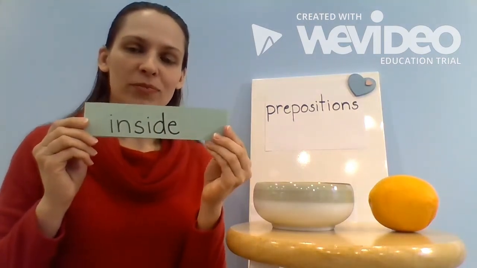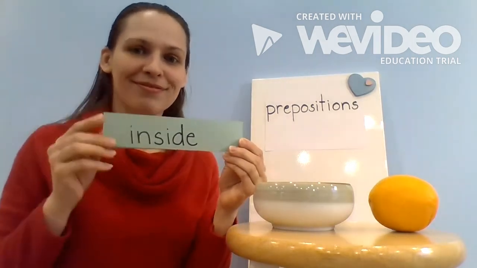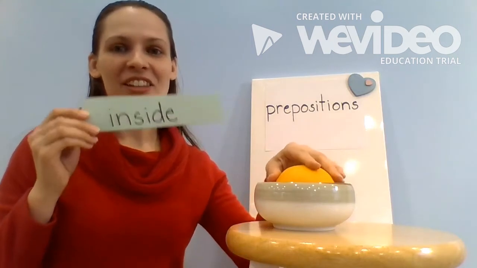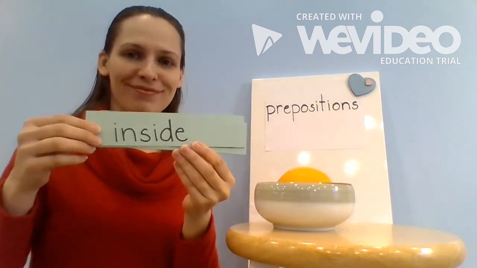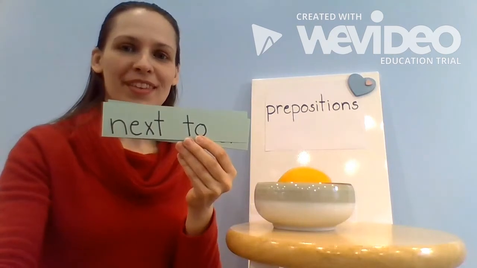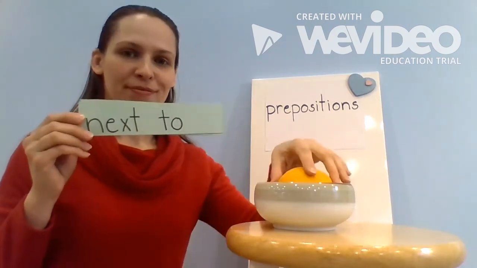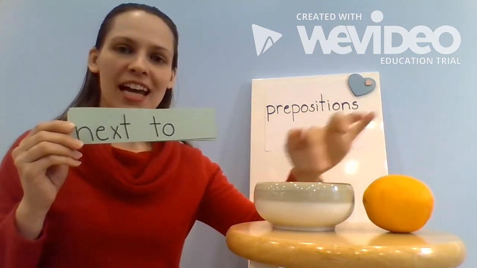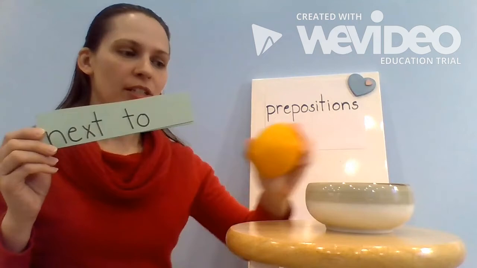Inside, what do I have to do? Inside. The orange is inside the bowl. Next to. The orange is next to the bowl. It could go either way. This way too.